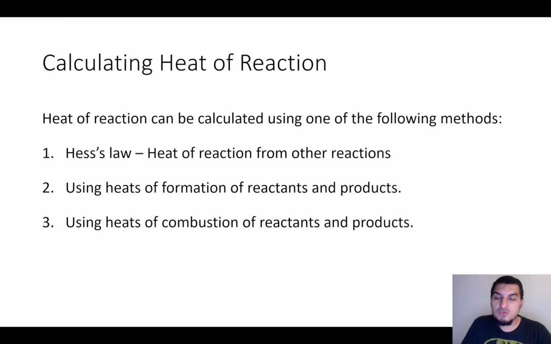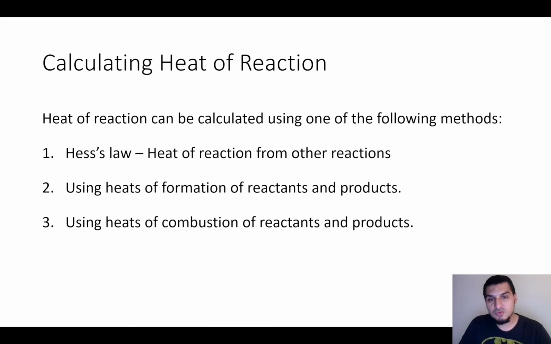For the coming videos, we will start with some interesting and important methods that we use to calculate the heat of reaction. For the examples that we solved in this video, we were calculating the heat of reaction with the knowledge of another heat of reaction.